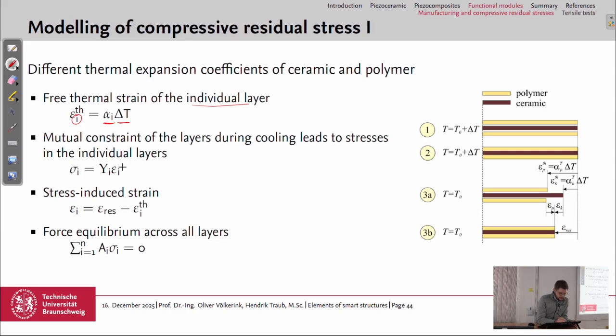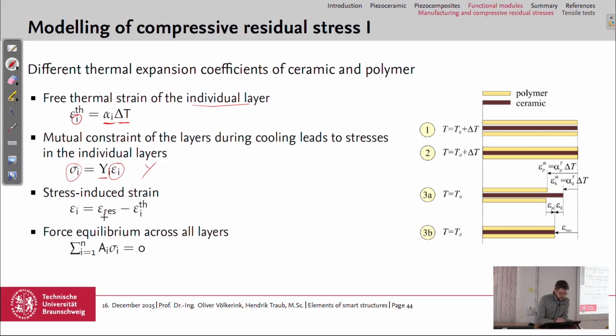And this thermal strain would result with the Young's modulus, which is not E in our case, but epsilon, in this residual stress.